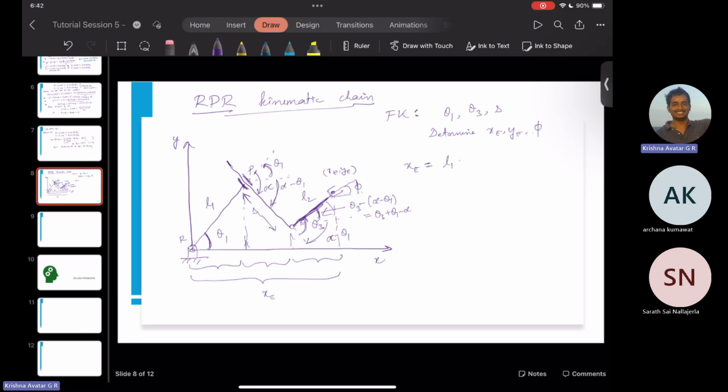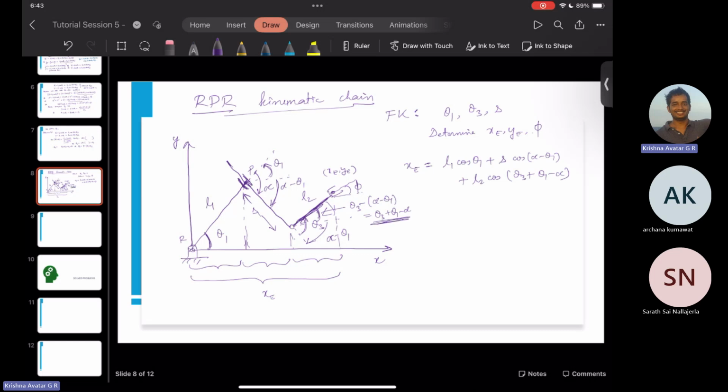So XC is equal to L1 cosine theta 1 plus S, the part of the link with this prismatic joint here, from this end to this, the length is S into cosine of alpha minus theta 1, plus again L2 into cosine theta 3 plus theta 1 minus alpha.